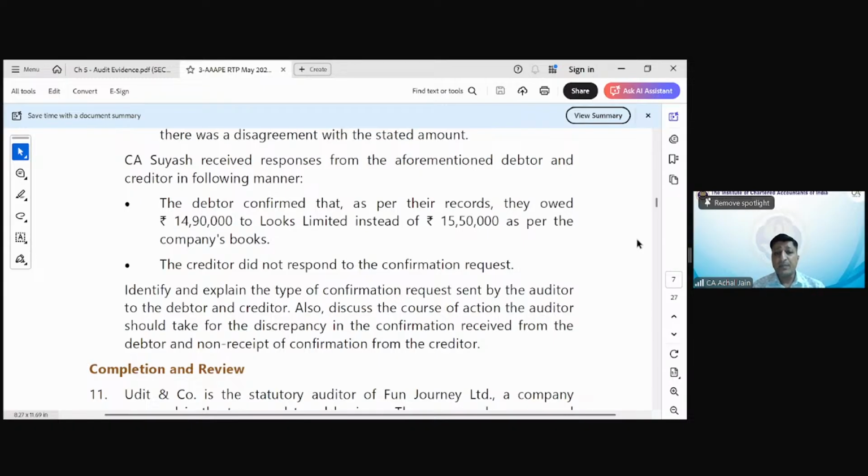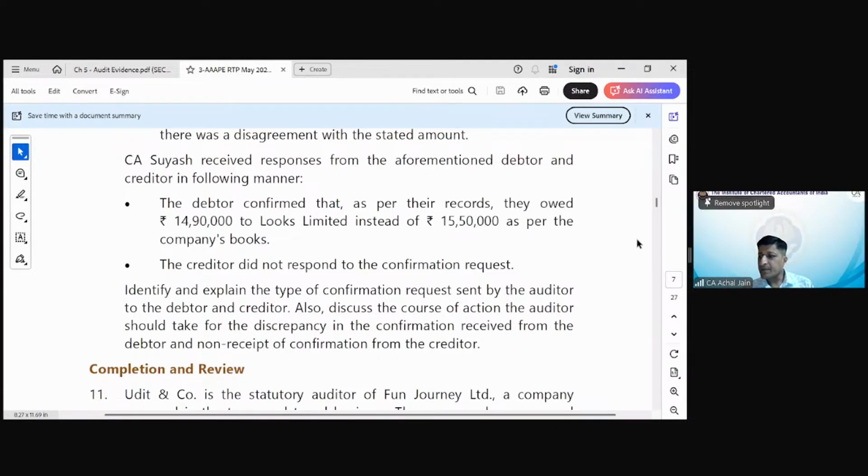Identify and explain the type of confirmation request which have been sent by the auditor, the debtor and the creditor. I think I have already answered that for you. Also, discuss the course of action the auditor should take for the discrepancy in the confirmation received from the debtor and non-receipt of the confirmation from the creditor. Over to you.